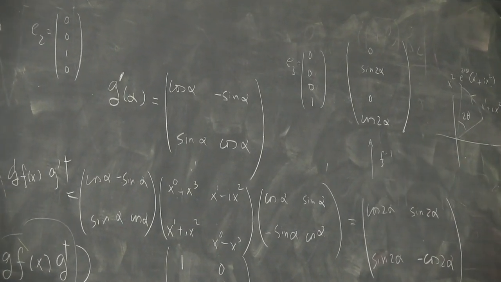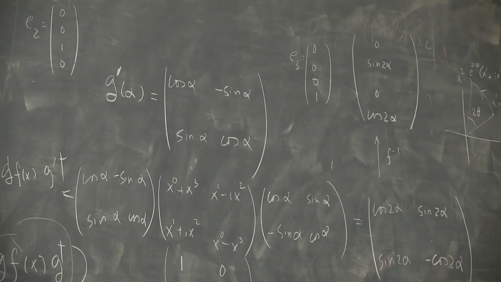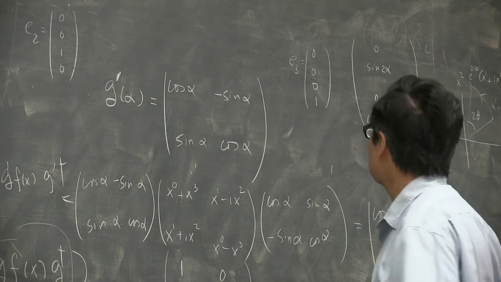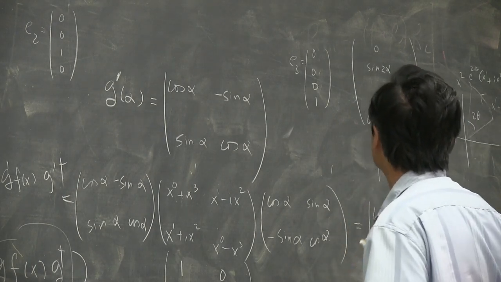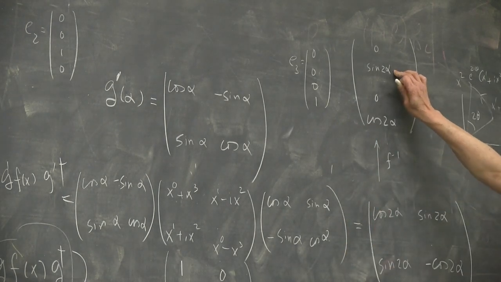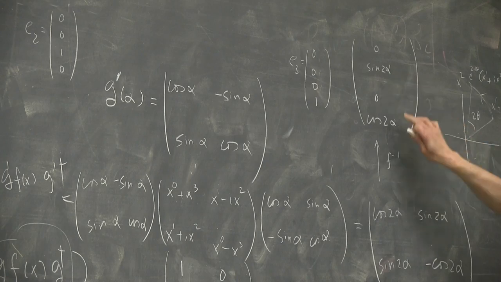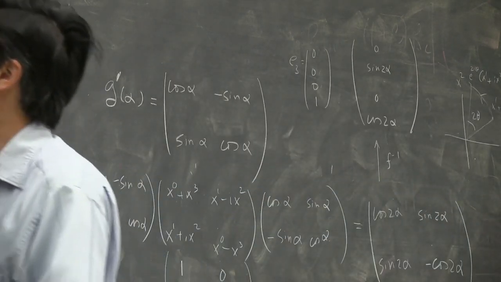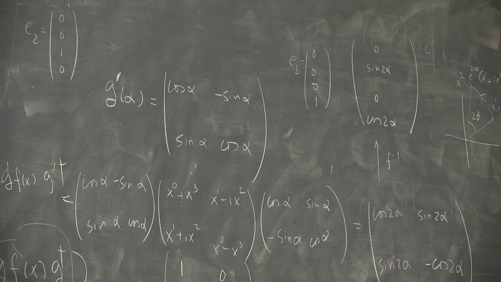Now, what is this vector in here? This vector is which vector? It has no component along the second axis. So this vector has first component equal to sine 2 alpha, and third component equal to cosine 2 alpha.